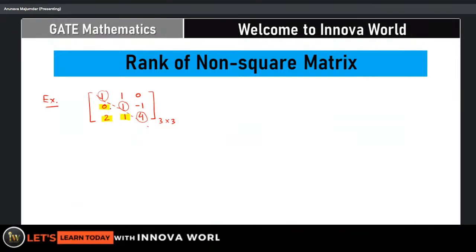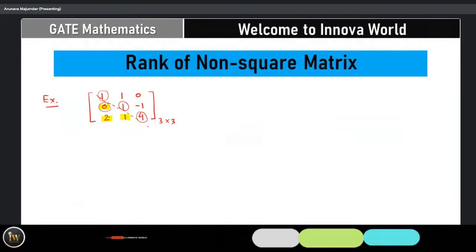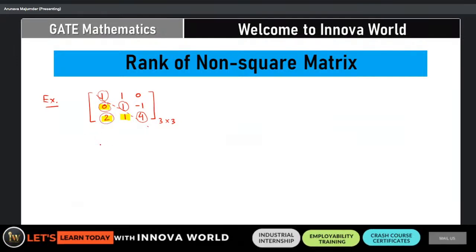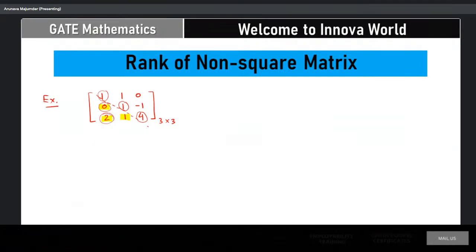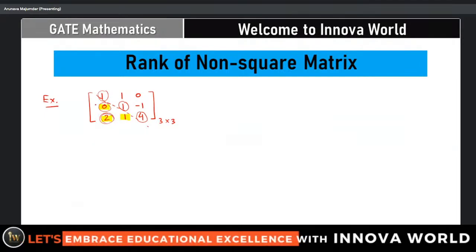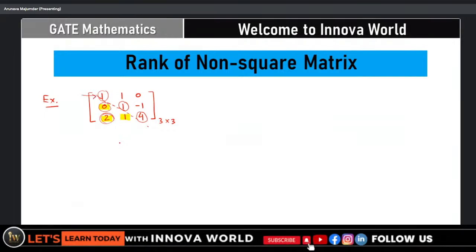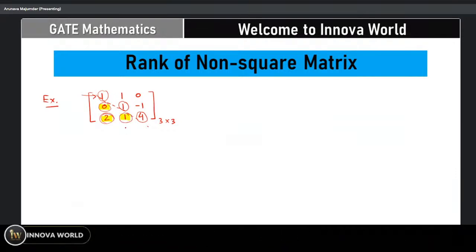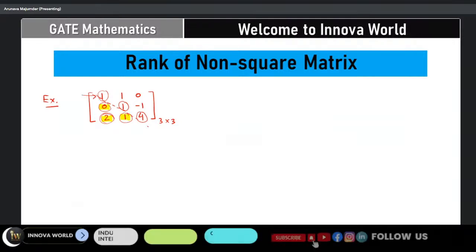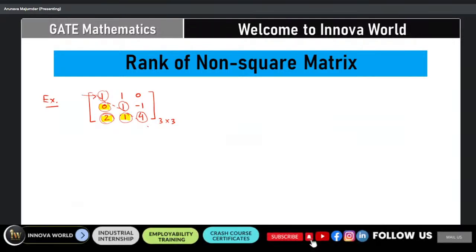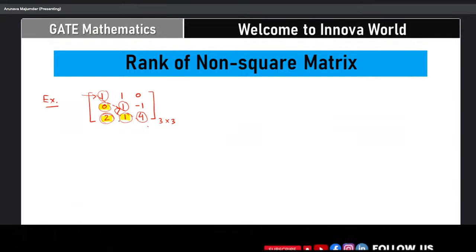This is already 0, so no need to make it. But this is 2, so you can make this 2 zero with respect to the first row. Similarly, look at this element. This is 1, so you have to make it 0 with respect to the second row.